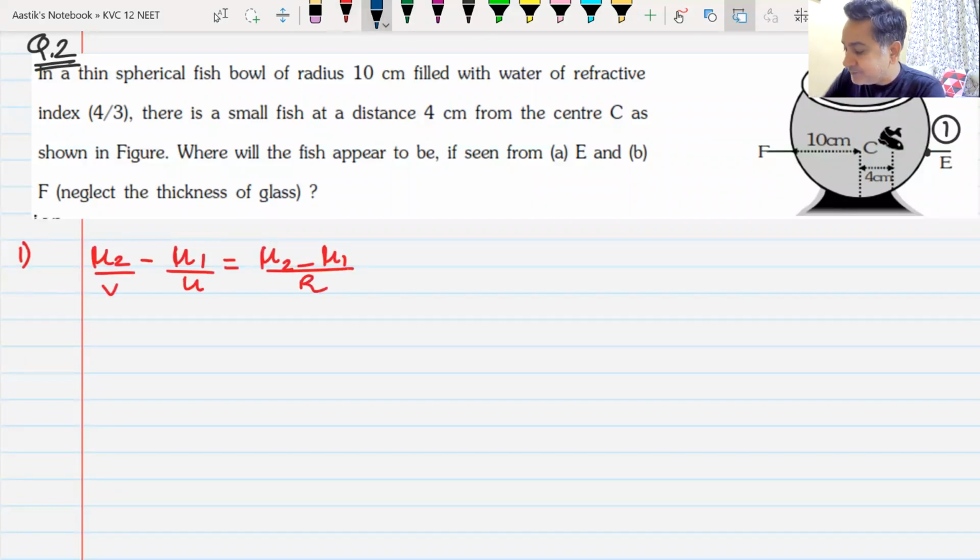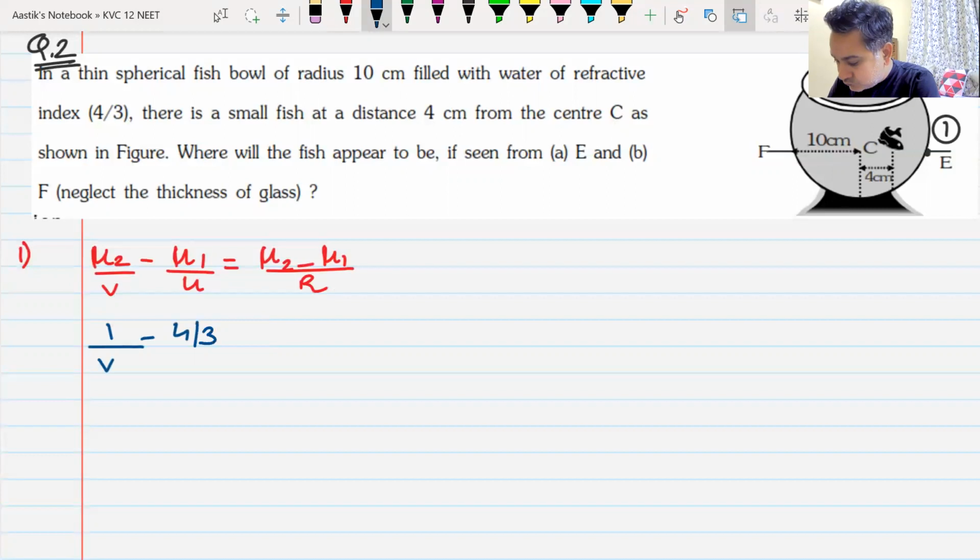Now tell me, boys or girls, what is the value of mu2? 1, sir. Mu2 is 1 because the thing that is sending out light is inside water and we are outside. So mu2 is 1. Well done. What about v? I don't know. Minus. What about mu1? Once you understand mu2, the other thing is mu1. So mu1 is 4 by 3.